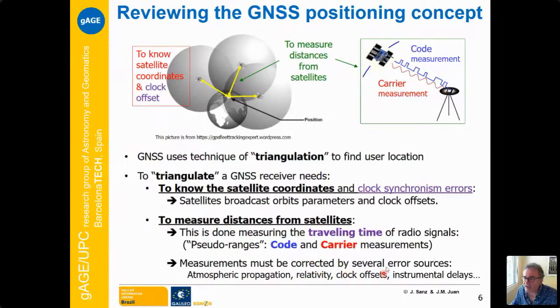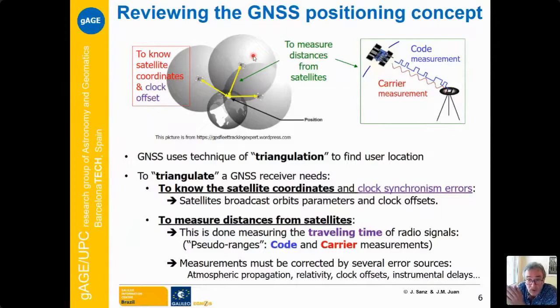There are clock offsets because these clocks are not perfect and accumulate offsets along time, instrumental delays, and so on. Then there are different errors that contaminate these measurements, and we have to take them into account in order to properly model the measurements we use to solve this triangulation problem.